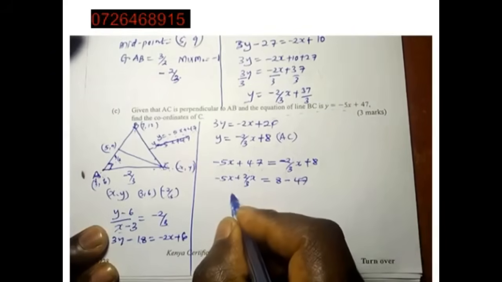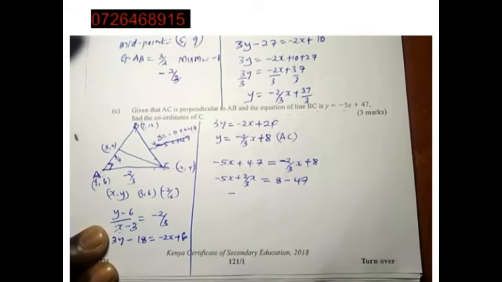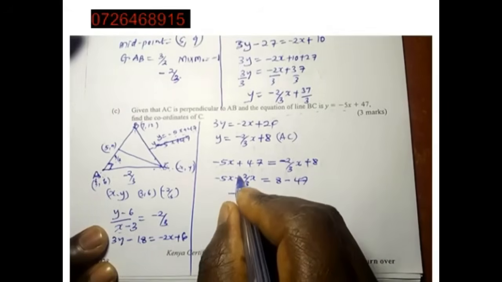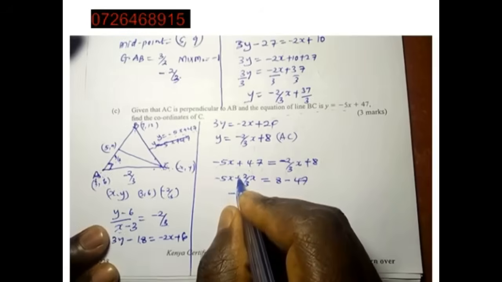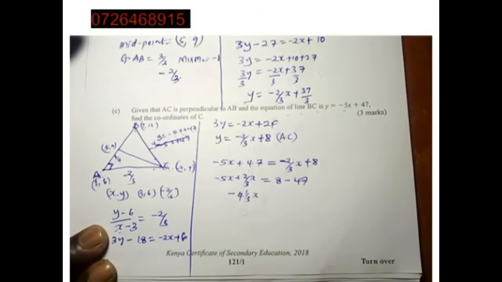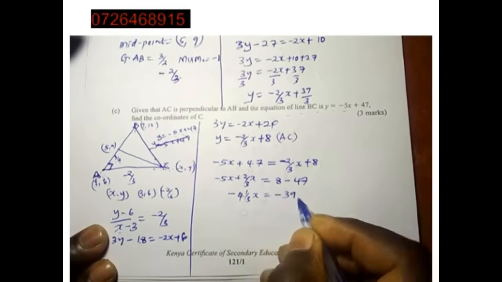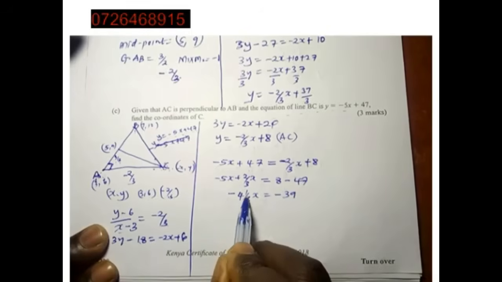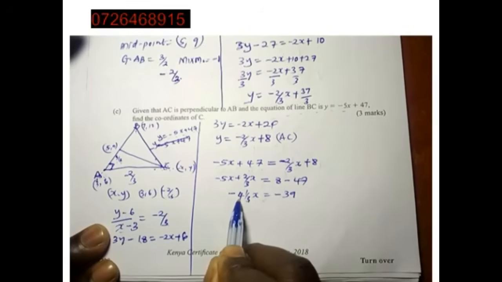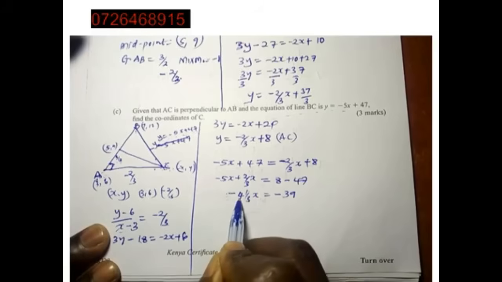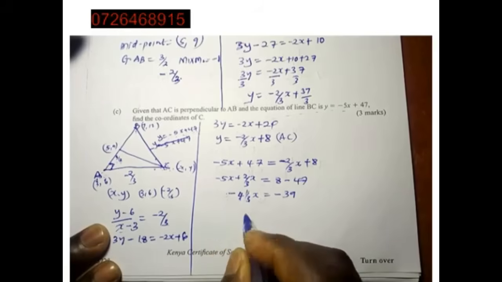Here we are going to have a negative. This is going to give us -4 1 over 3 x equals -39. So we want to make it an improper fraction: 3 times 4 is 12, plus 1 is 13 over 3.